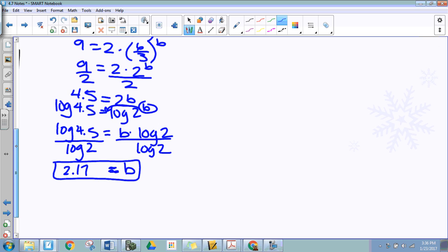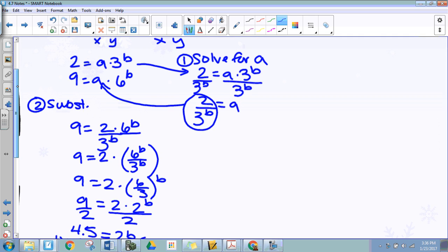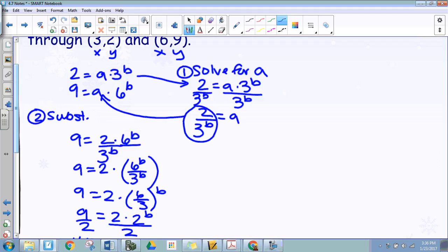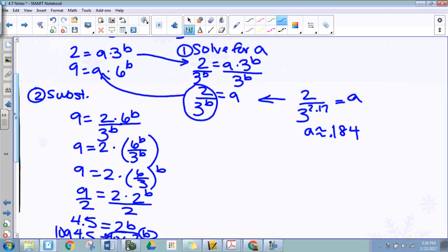Now you're going to substitute that back in for either one for a. So I'm going to use this one right here. I have 2 over 3 to the 2.17, and that's going to give me a. When you put that in your calculator, a ends up being 0.184. So then my power function is y equals 0.184 x to the 2.17.